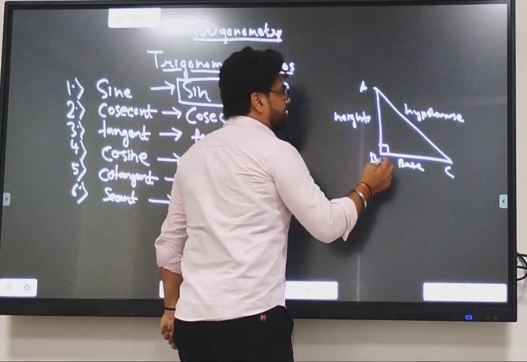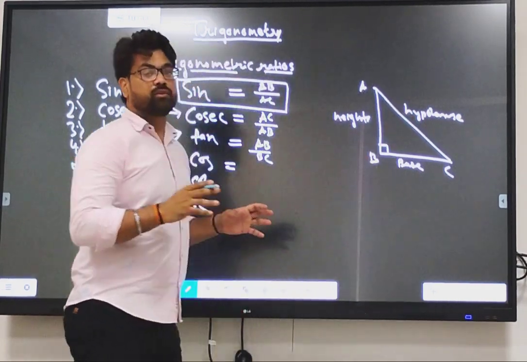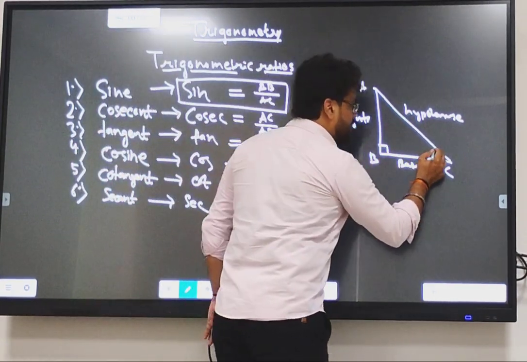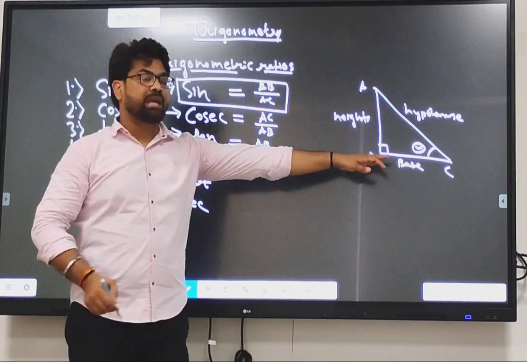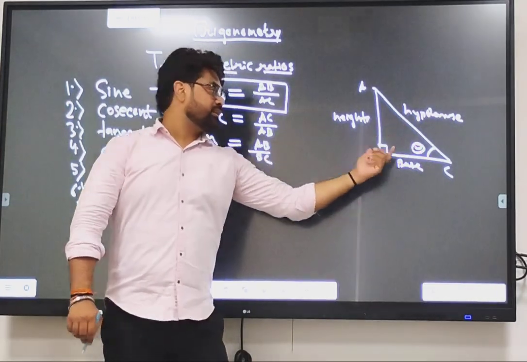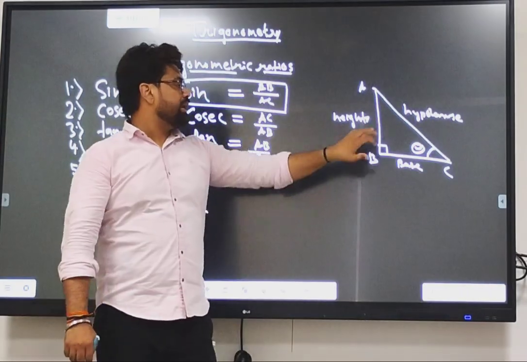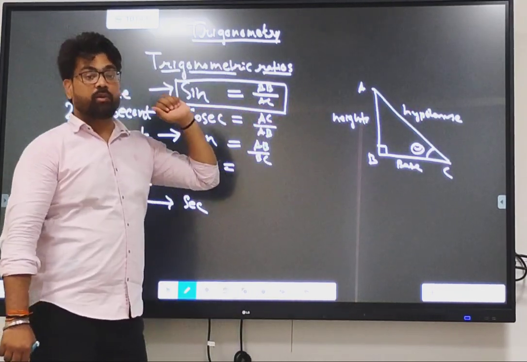And one more thing: when we are studying height, base and hypotenuse, we have to take an angle. All these are with respect to an angle. If I take theta here, then according to this theta, BC becomes the base, AB becomes the height, and AC becomes the hypotenuse.